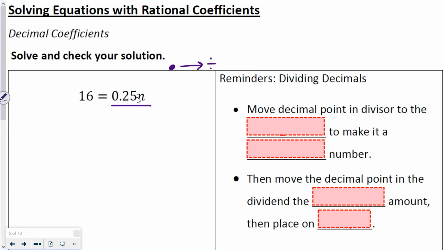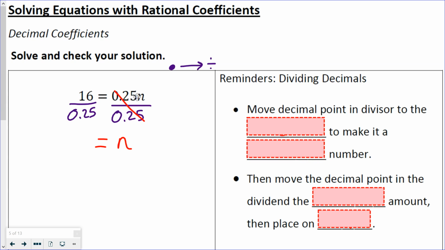So I want to divide by my 0.25. And whatever I do to one side, I have to do to the other side. And why am I dividing by it, you ask? Because they cancel out to make 1, and any number times 1 is that number. So I know I need to find out what my n equals.